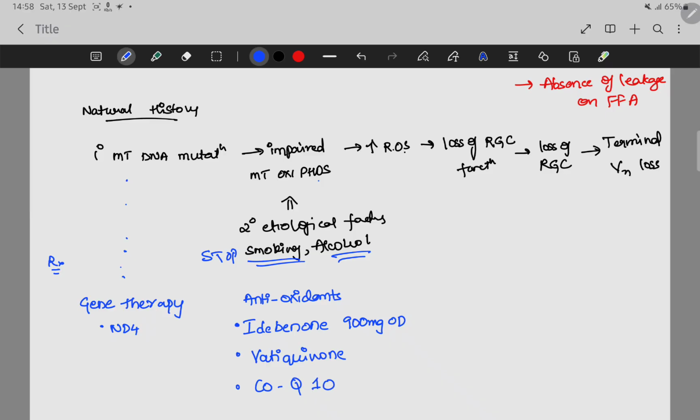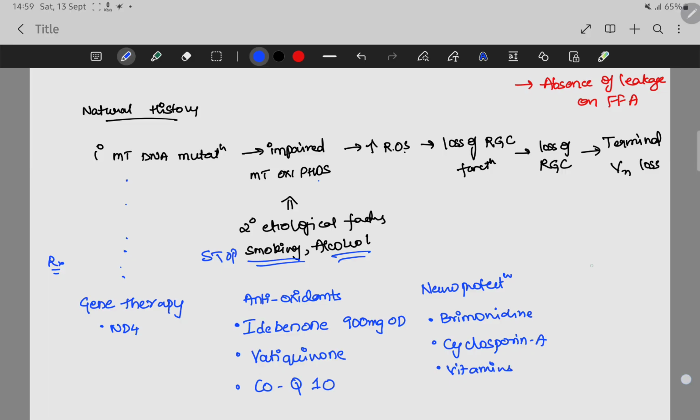Then we can also look at neuroprotective agents like brimonidine. These are all under trial. Cyclosporin A and vitamins are others.